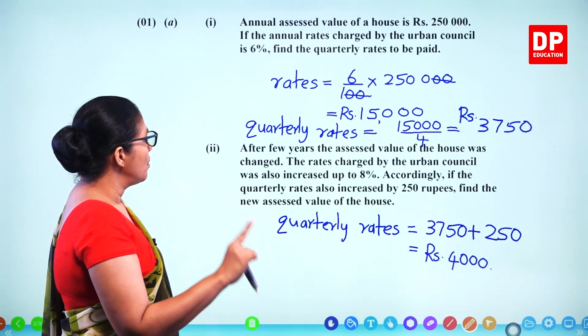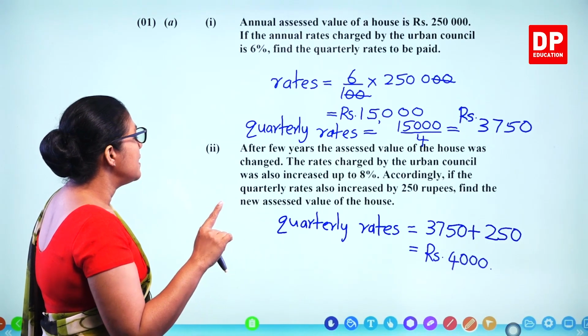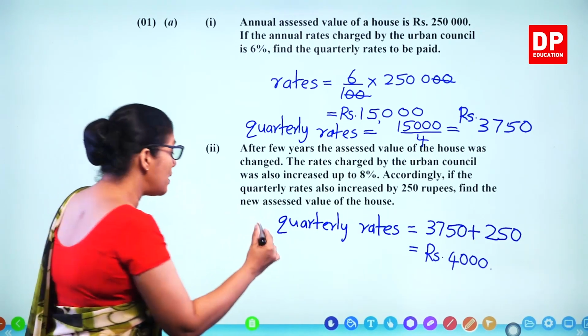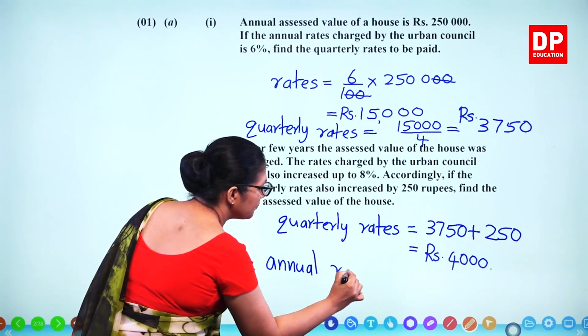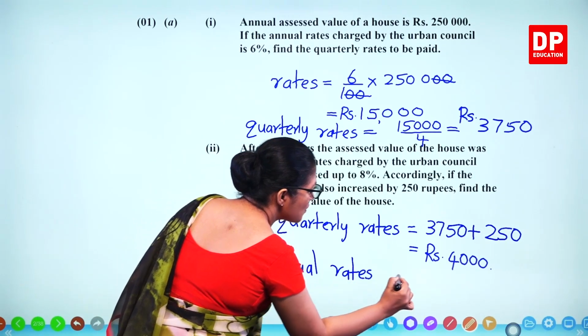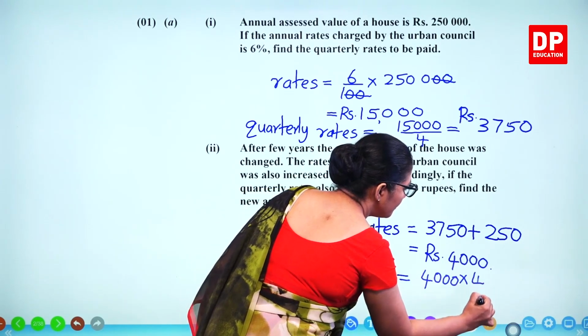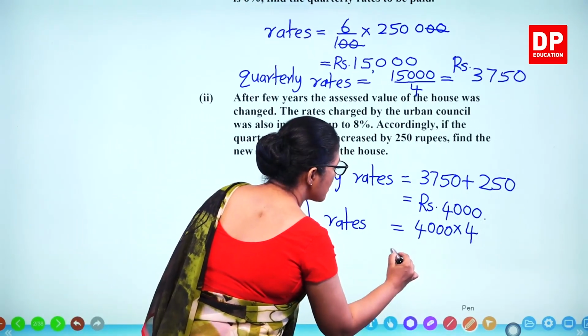The new quarterly rates is 4,000 rupees. So annually you multiply this by 4, so you get 16,000.